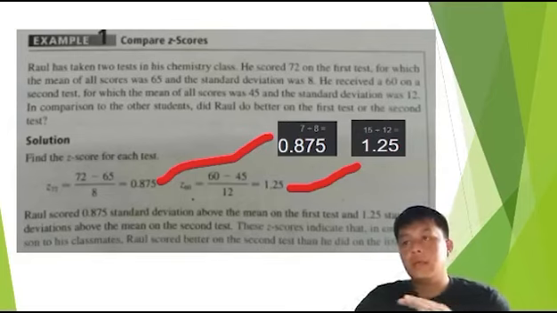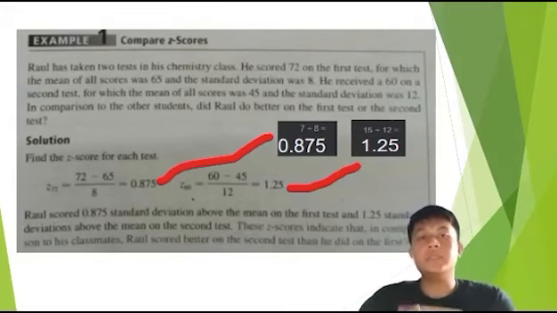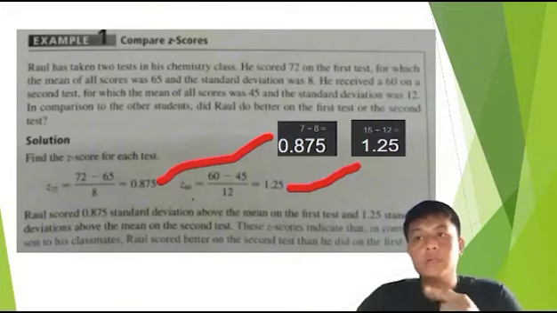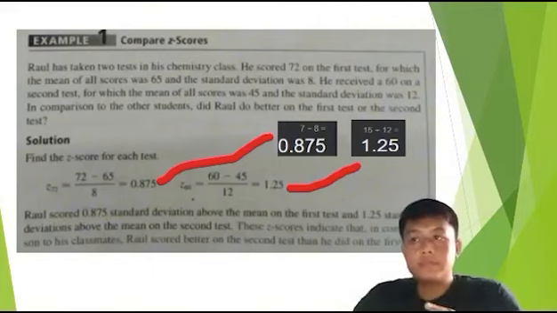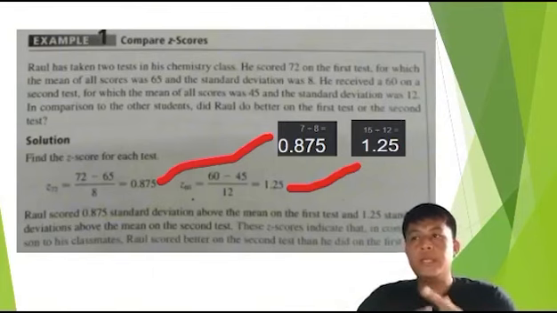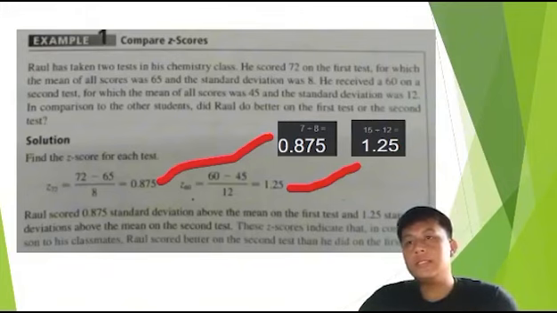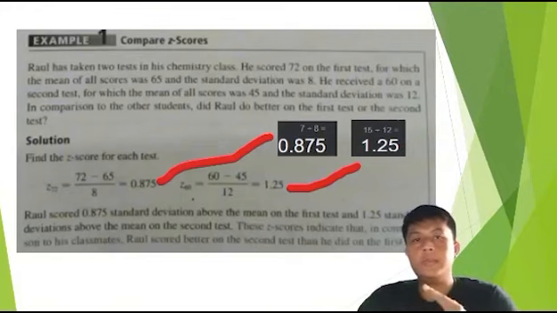And then ang standard deviation natin dito is 8, equal 0.875, kasi ang 72 minus 65 is equal to 7, di ba? And then naman ang 7, i-divide mo siya sa 8, ang lalabas doon is 0.875.